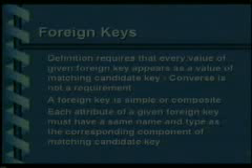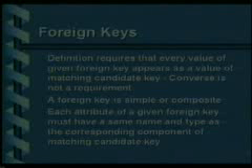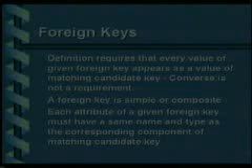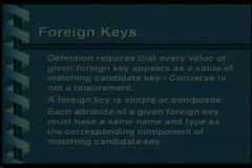A foreign key is simple or composite, that is not a specific requirement, and each attribute of a given foreign key must have the same name and type as the corresponding component of the matching candidate key. I think I'll call it a constraint. The last one, which we have said, is a constraint on the foreign key definition.